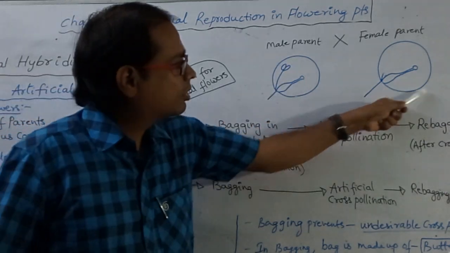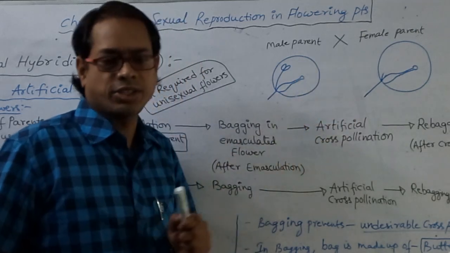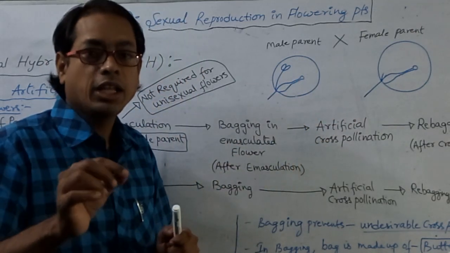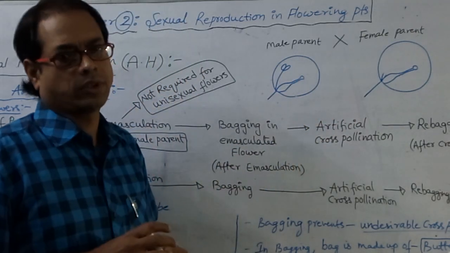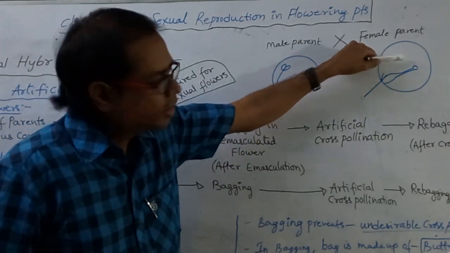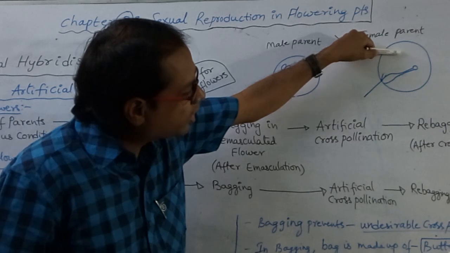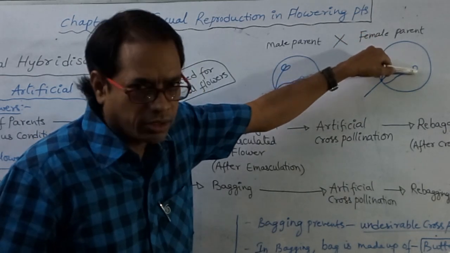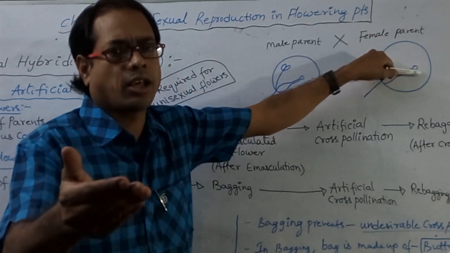So emasculation is done. This flower is called an emasculated flower. Why do we have to do emasculation? If the stamen is present, pollen grains are released from it and fall on the stigma, which means self-pollination will occur.